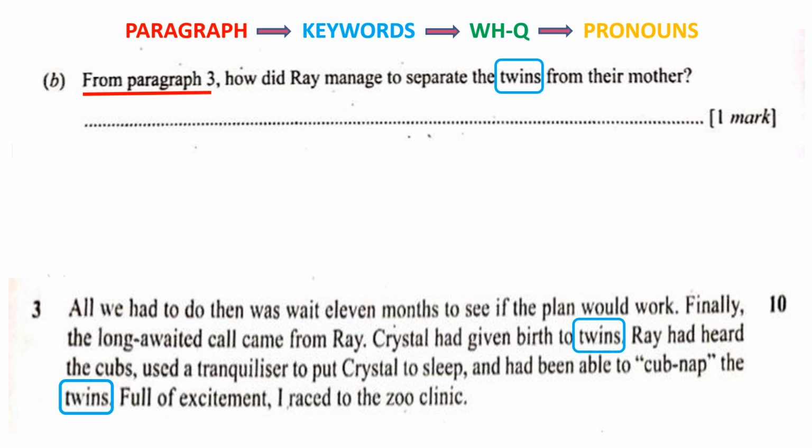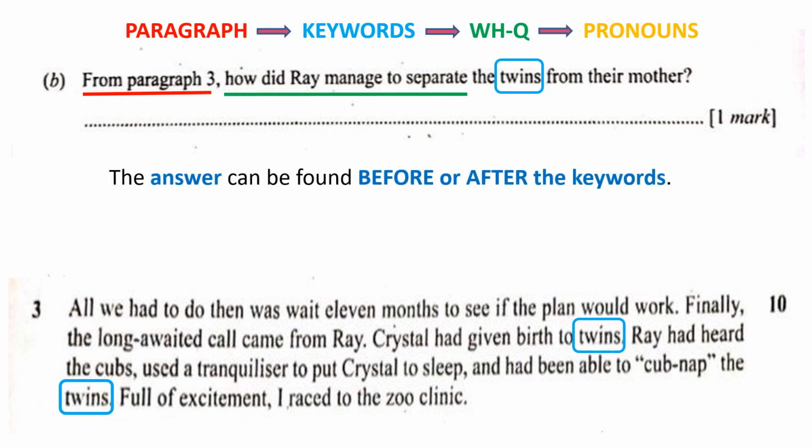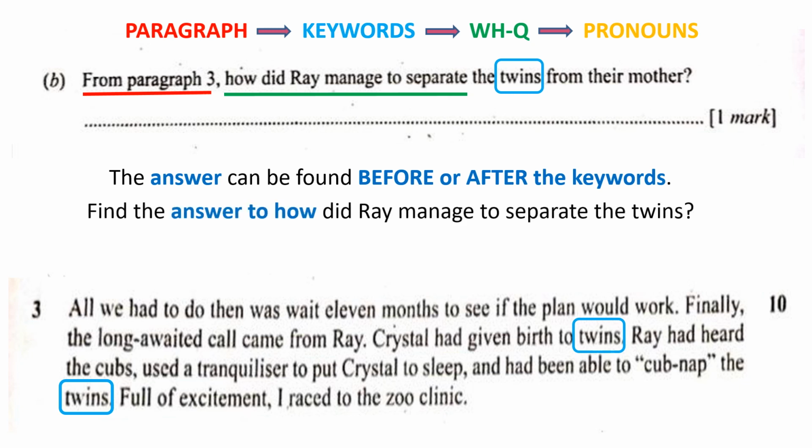So let's look at the WH question. How did Ray manage to separate, asingkan or pisahkan, the twins from their mother? Remember, the answer can be found before or after the keywords. So the answer to how, bagaimana, must be in verb form, mesti dalam bentuk kata kerja.